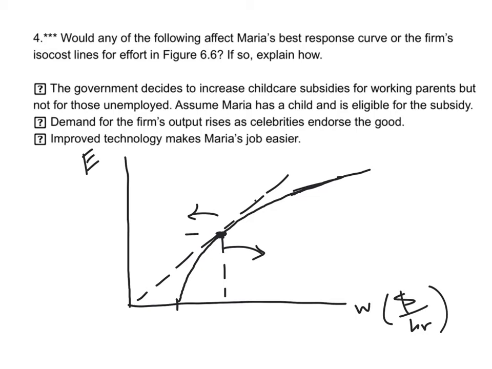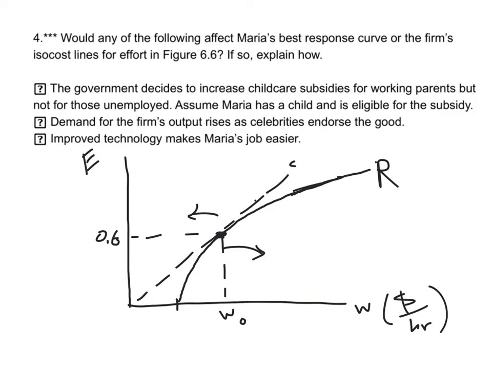And we could imagine any initial equilibrium. I think a lot of the examples in the text just suppose that tangency occurs at some wage rate W naught, and I think Maria's effort level was 0.6 or 0.5, something. It doesn't matter really what it is.